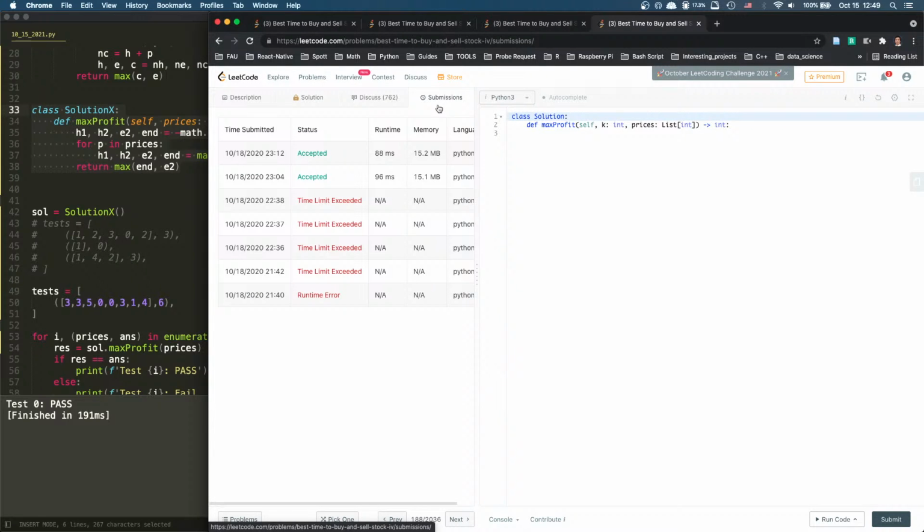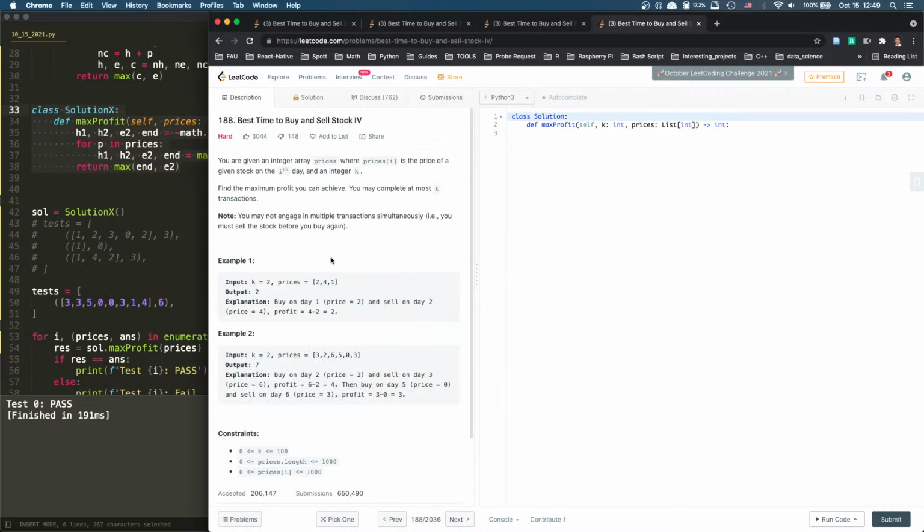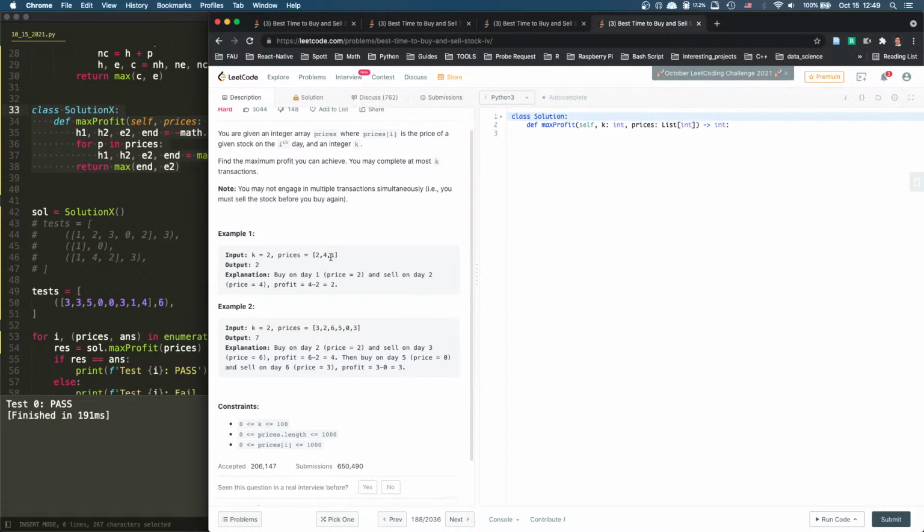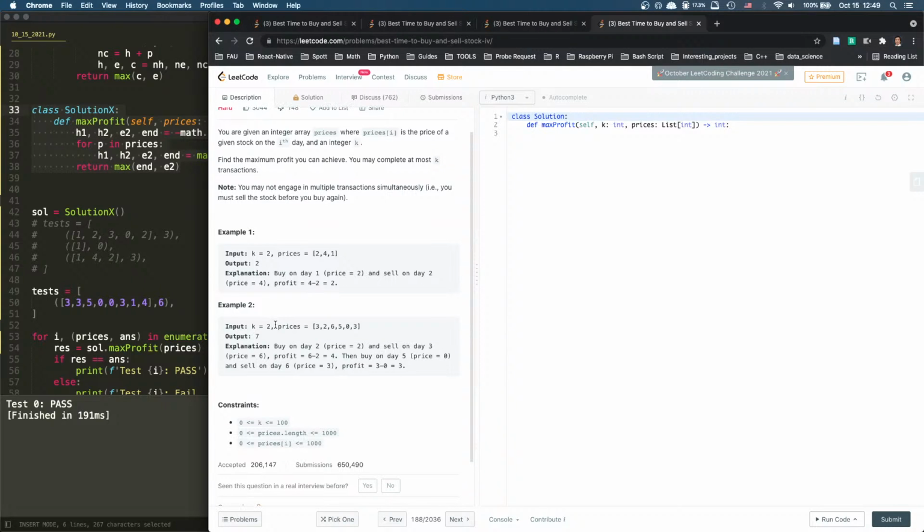If it's K steps, K equals 2, so we're going to have hold 1, empty 1, hold 2, empty 2, all the way down to whatever we have at the end.